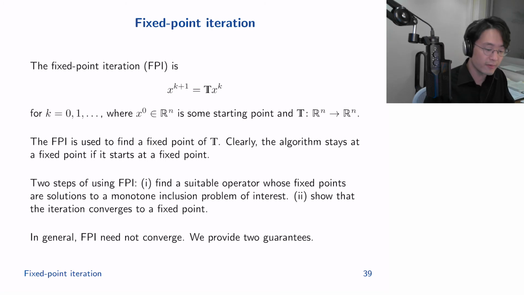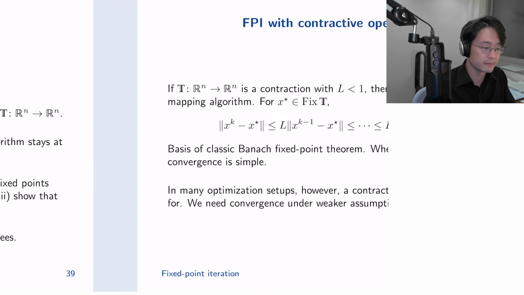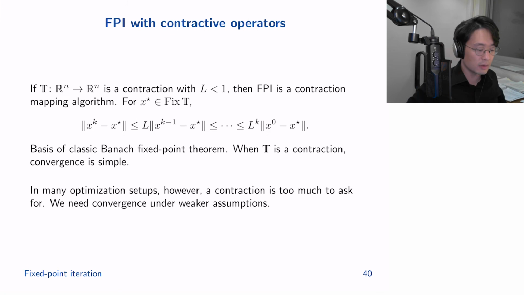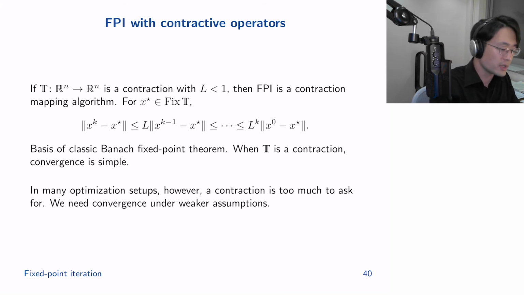In this class, we provide two convergence guarantees. The first one is the more commonly known one, and that is we have convergence when we have contractive operators. So if the operator T is a contraction with a contraction factor L strictly less than 1, then the fixed point iteration is also referred to as a contraction mapping algorithm.